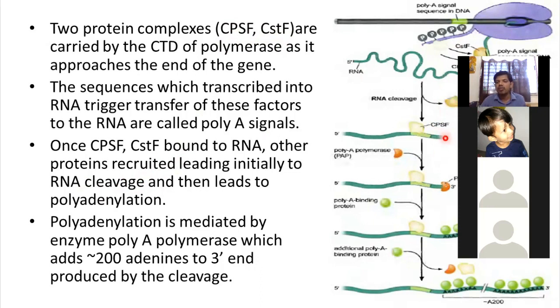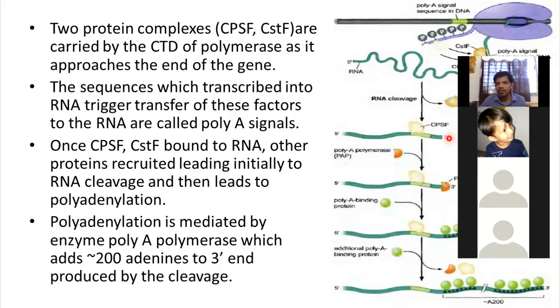And again, over the free 3' end of that RNA, a number of adenine residues should be added. We know that there is no actual 5' end existing over this mRNA, but still, for our convenience, we will say that this is the 5' end of that mRNA, over which capping is done.